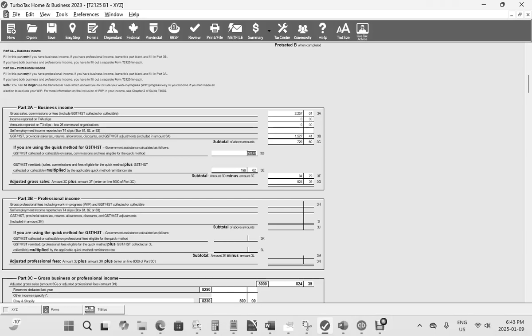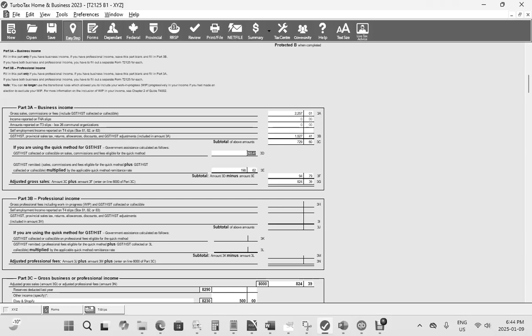And you're to report the sales tax as part of your business return as well. The way it works is the amount of money that you collect gets subtracted from the amount of money that you pay as sales tax to give you a net refund for your HST on your business account. Now, when it comes to Part 3D on T2125, again, this has to do with the sales tax that you collected.